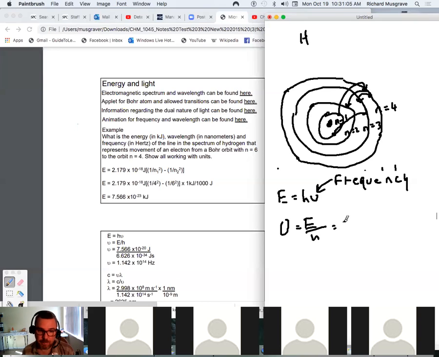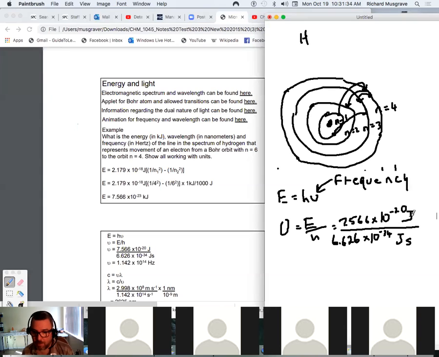So the energy is going to be 6.566 times 10 to the negative 20 joules. How do I know I need joules? Because I'm given h as being joule seconds, to the negative 34 joule seconds.